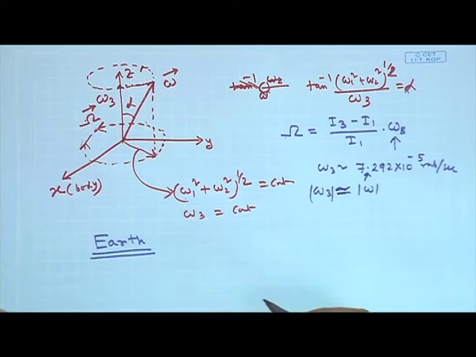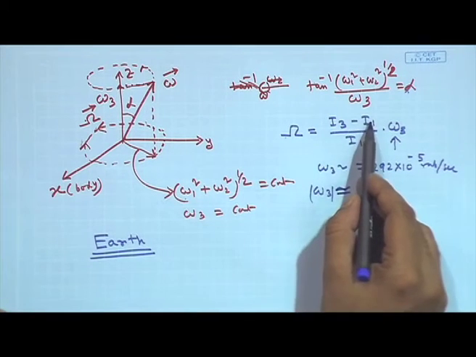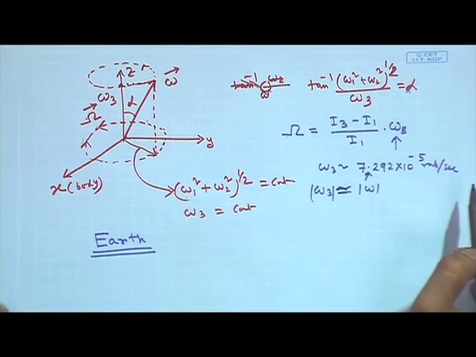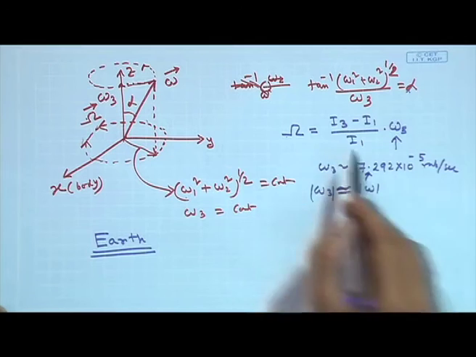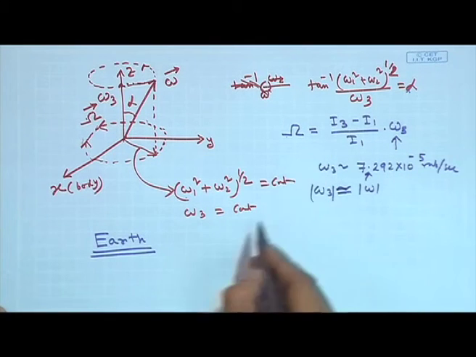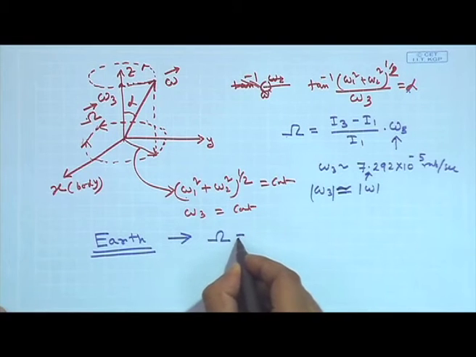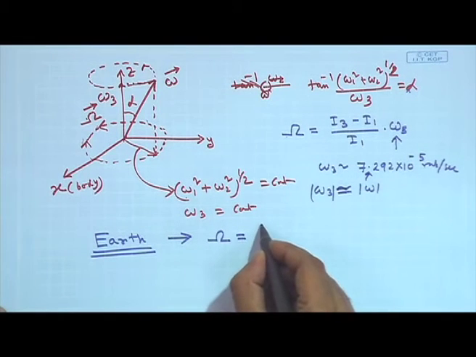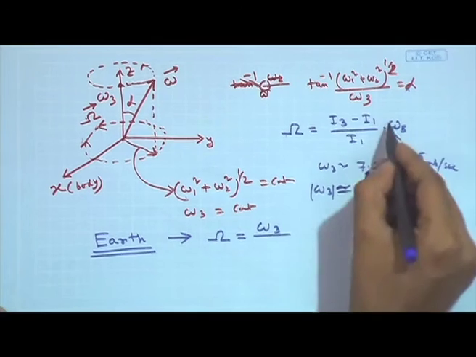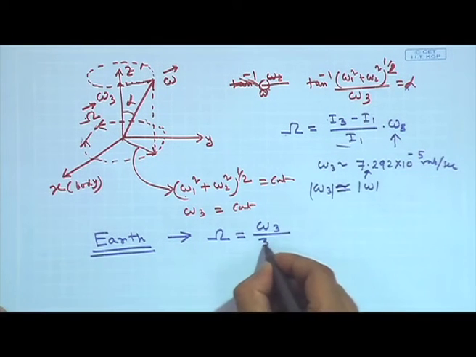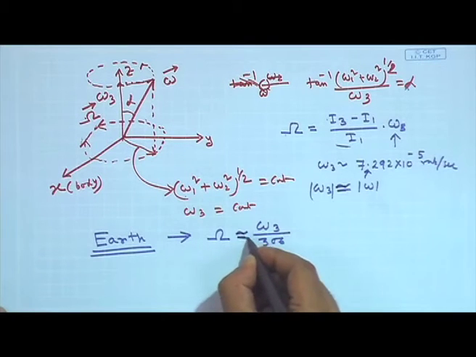which is this, right. And I3 and I1, this has been calculated for Earth's shape, and we know the numbers. When we put this in, for Earth, we get an omega which is approximately omega 3. So, if we put this (I3 minus I1) by I1, you will get approximately 306.